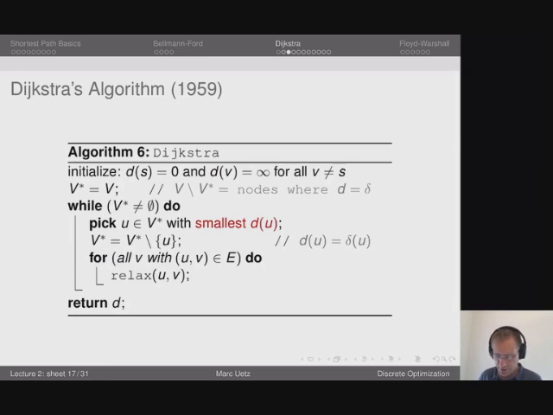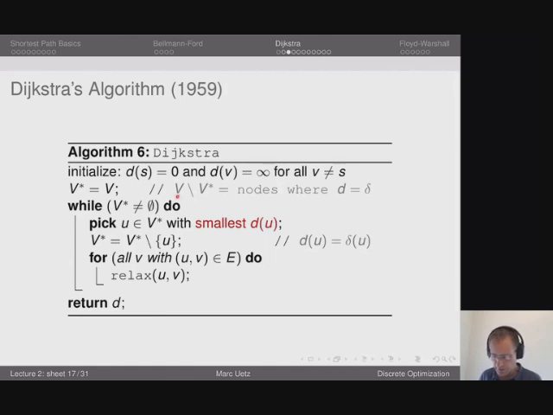The initialization is just the same as before. Start vertex has distance 0, all the others plus infinity. Now we have this set V star. In the beginning, that's all vertices of the graph, and that contains the vertices that still have to be processed.